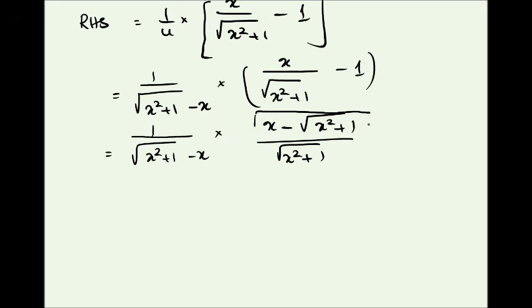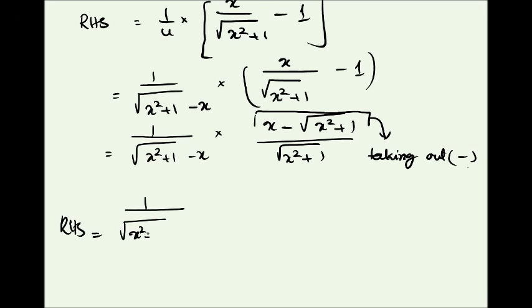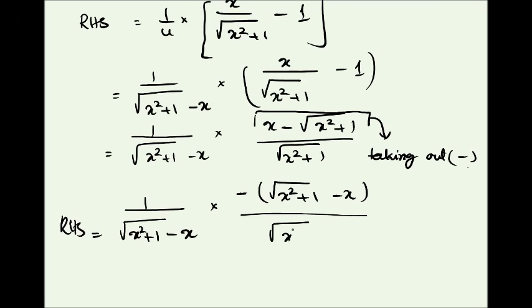In this term, I am taking out minus. Then we can rewrite RHS as 1 by (√(x²+1) − x) into minus of (√(x²+1) − x) divided by √(x²+1). Now this term and this term cancel.